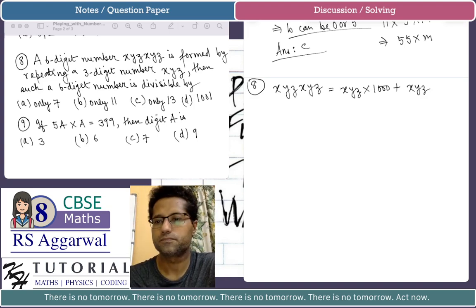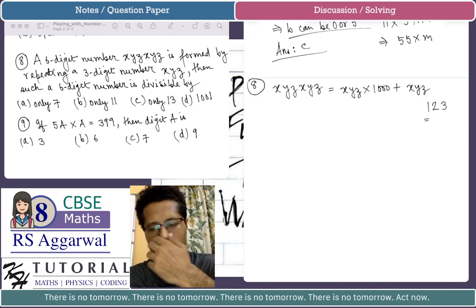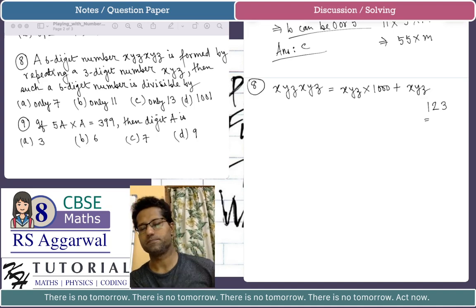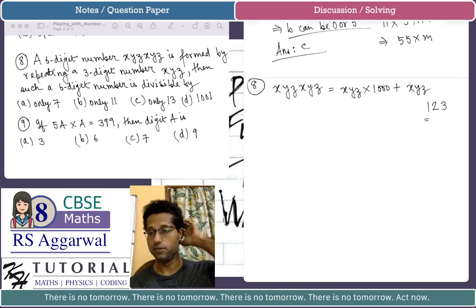So 123 is definitely equal to, if you consider some consecutive digits from the left hand side, let's say 123, then you can say this will be equal to 12 into 10 plus 3.